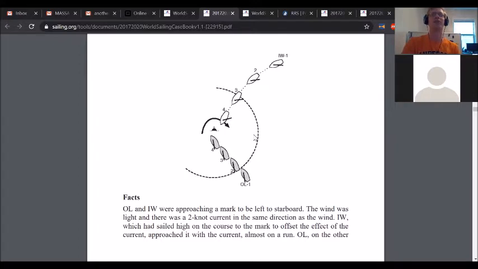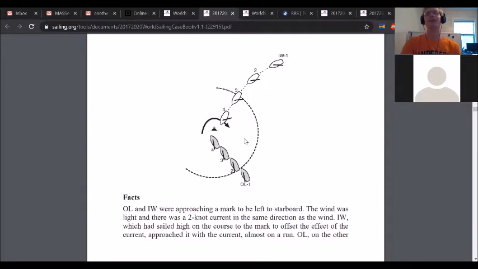And so you might have trouble finding out, is there overlap? Obviously there must be, this boat is obviously the inside boat coming to this mark. This boat is obviously the outside boat. But the rules always refer to boats that are overlapped. And under our previous definition, or hopefully some of you had understood it correctly, but I definitely had not, I would not have found either of them to be overlapped. And so I was very confused as to where it was written that this was the inside boat.